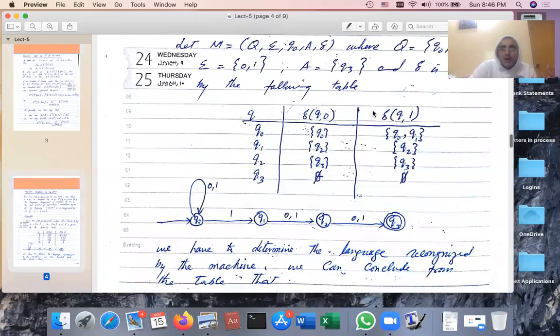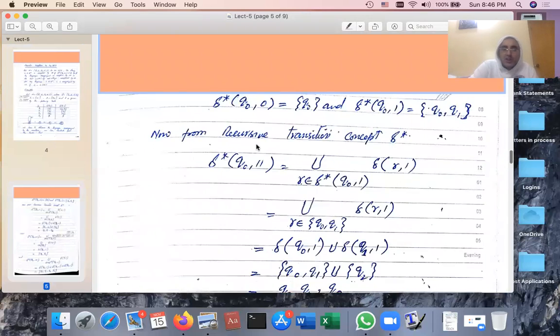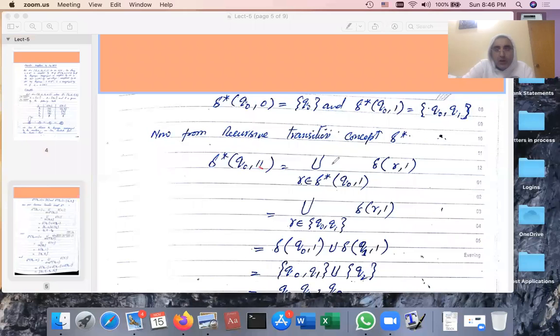So I am mentioning delta, this is my R, which is the previous state, and then after applying this last symbol 1, where I can reach at some wanted state.